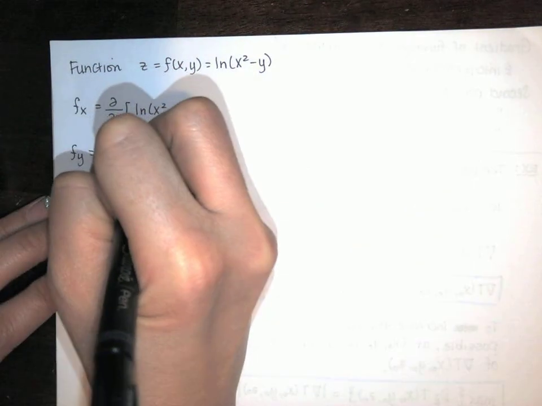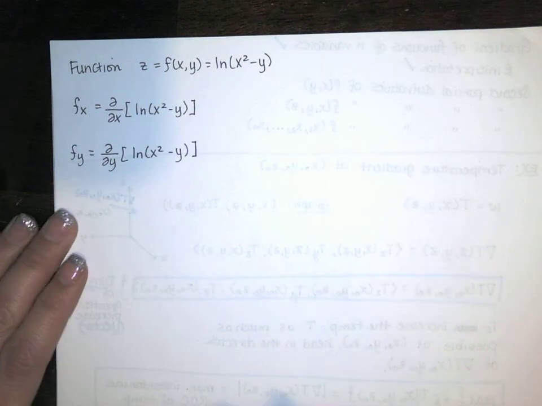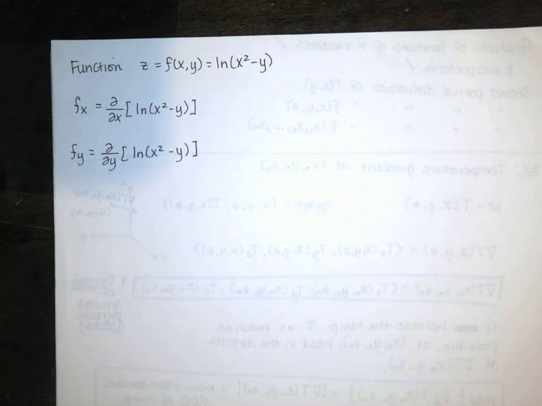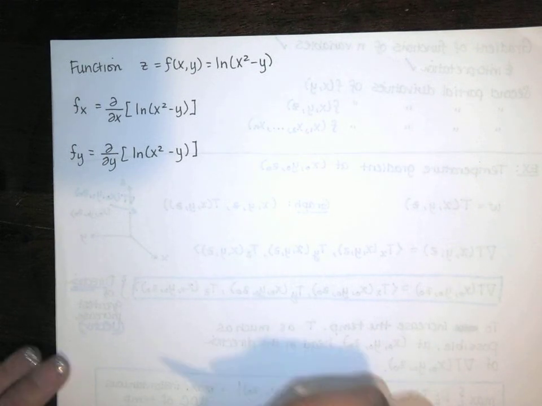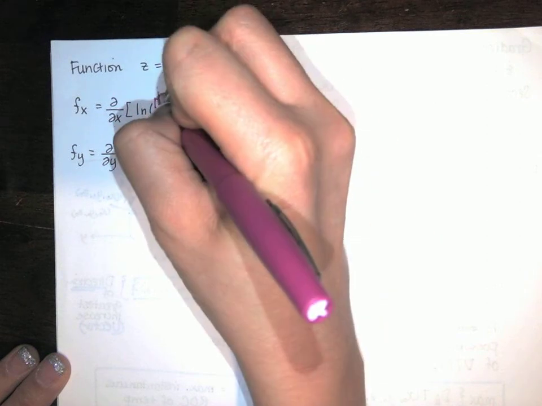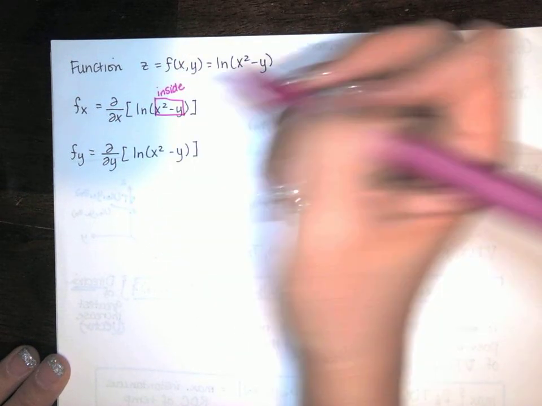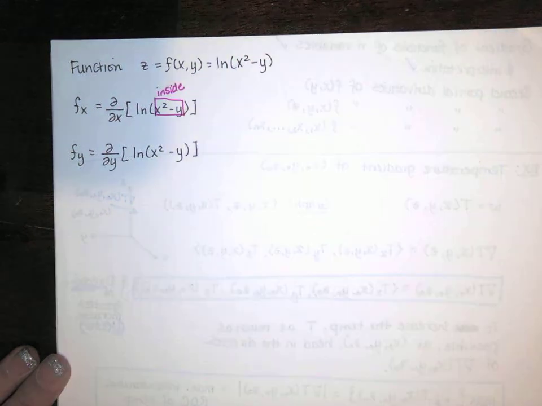And remember, even before we compute these, they are formulas for the slope in the x and y direction at any point. And then we can plug in the x, y point, the point that we're interested in, and we can find the slope at that particular point in the x and y direction. For each of these, we had to use the chain rule, because I've got a function inside my logarithmic function, and it depends on x and y.